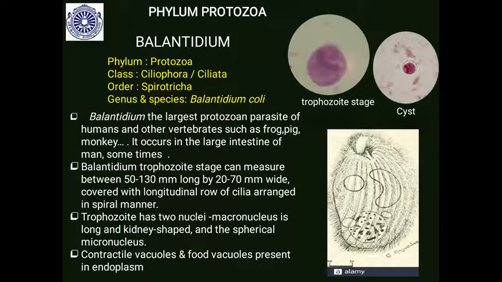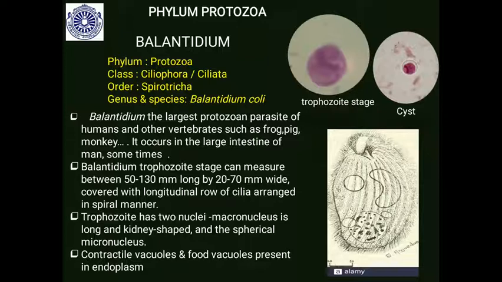The last specimen is Balantidium. This is a parasite found in the intestine of vertebrates, Balantidium coli. So it is a paramecium-like animal. It is a ciliate, class Ciliophora or Ciliata, order Spirotricha. Here, the arrangement of cilia is the basis for the order.